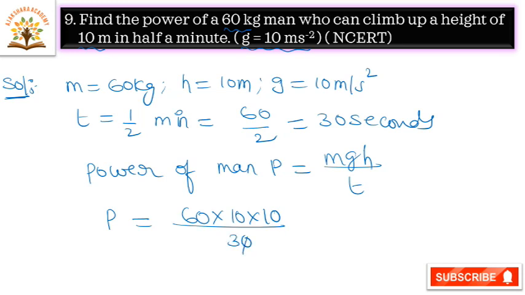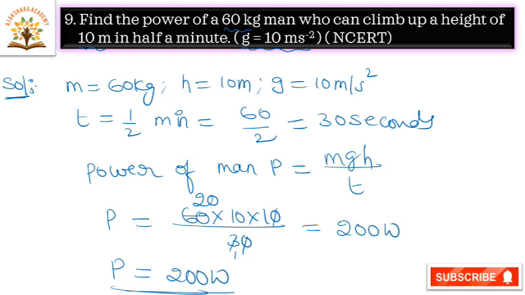The 0s get cancelled. 3 ones are 3, 3 2s are 6, 20 into 10. Here 20 10s are 200. So we are getting power P is equal to 200 watts. This is the final answer. Okay, next we will go to the next.